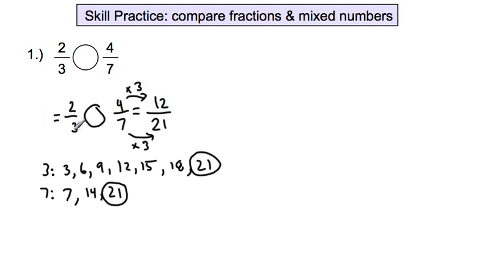Now the other fraction has a denominator of 3, so we need to convert that also to have common denominators. So the new denominator will be 21. 3 times 7 equals 21. And on the numerator side, it's also times 7. 2 times 7 equals 14. Now it's simple to see 14 is greater than 12, and it gets the greater than symbol.